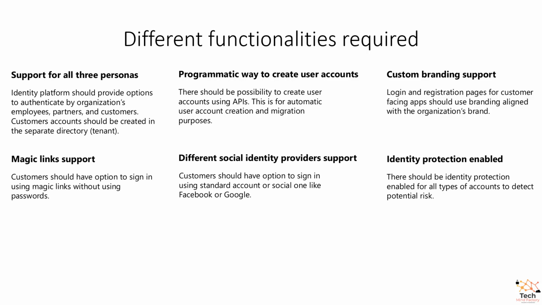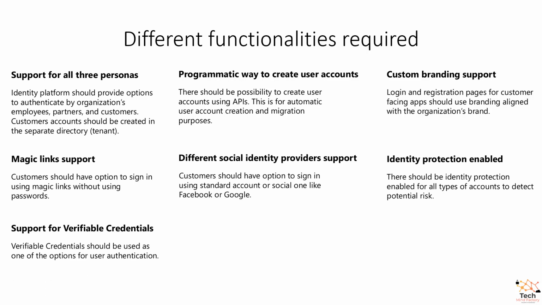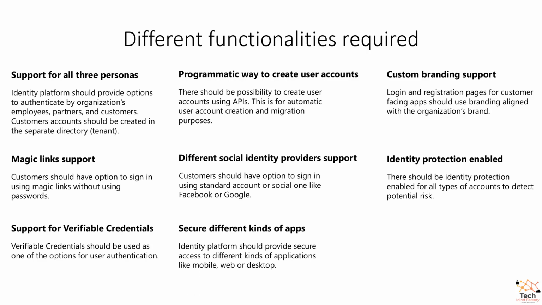But again, this is not the only and the last requirement. There should be support for verifiable credentials, for instance. So verifiable credentials should be used as one of the options for user authentication. We should secure different kinds of applications. So identity platform should provide secure access to different kinds of applications like mobile, web, desktop, and so on.